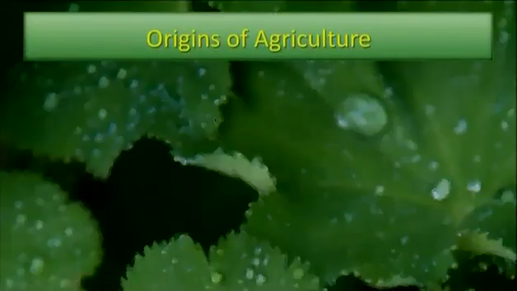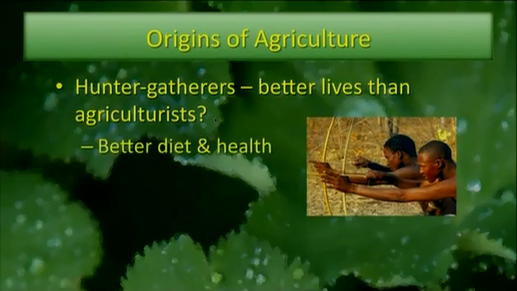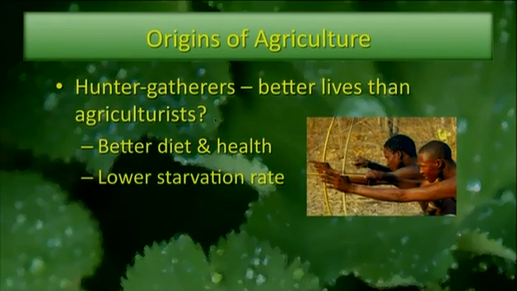So the origins of agriculture include hunter-gatherers. They maybe had better lives than agriculturalists. They generally had a better diet and better health. I think these are San bushmen that you see in this picture here. They had a lower starvation rate, which might seem unbelievable because during agricultural times, of course, we had surplus.